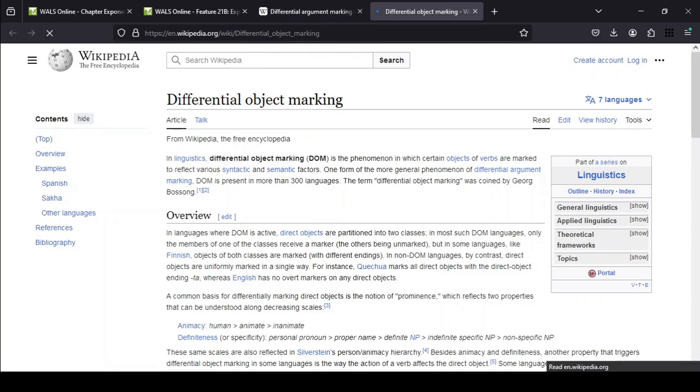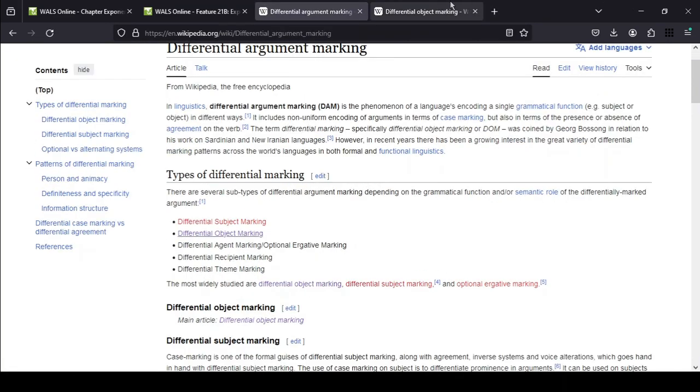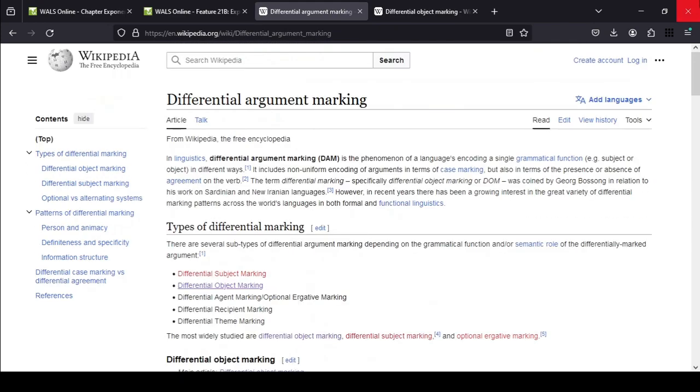So we're going to be reading this Wikipedia article and trying to understand what the hell DAM is. In linguistics, differential argument marking, DAM, is the phenomenon of a language's encoding a single grammatical function, e.g. subject or object, in different ways.